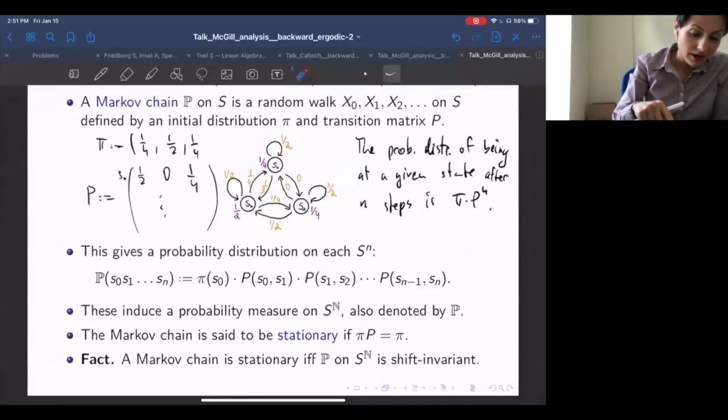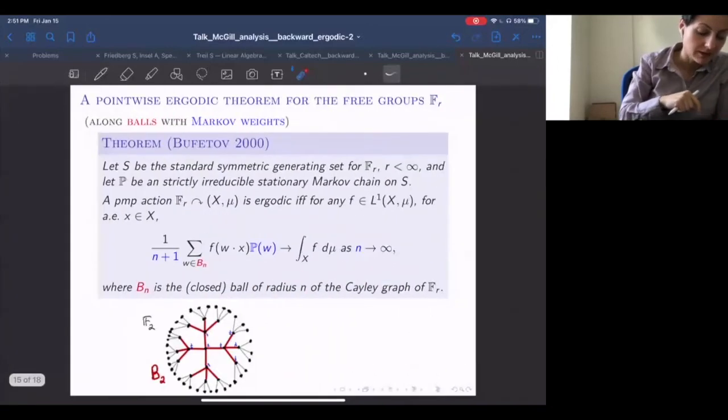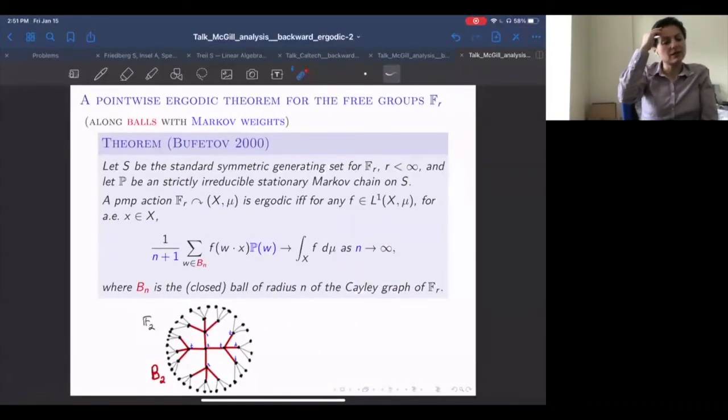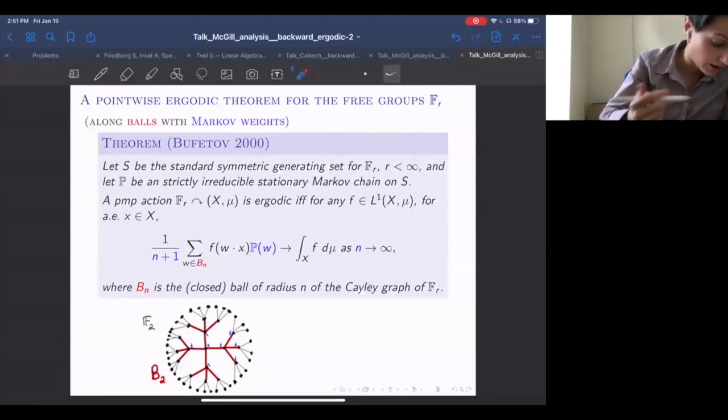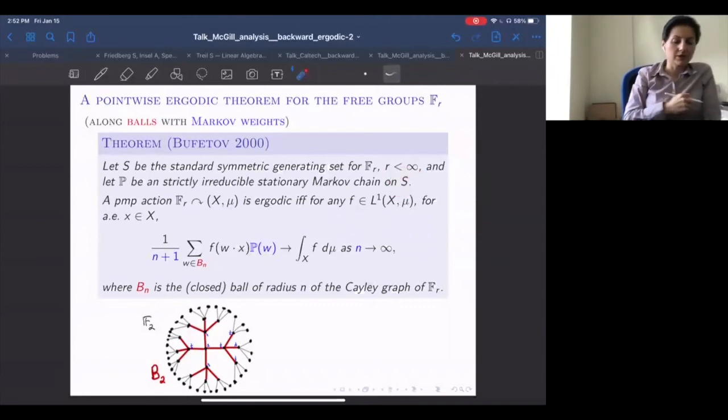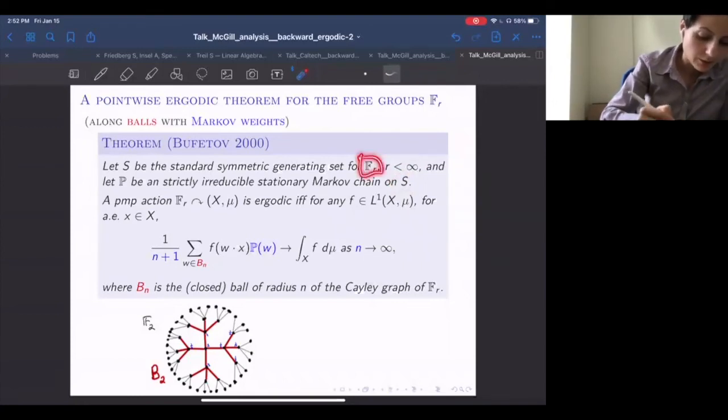And so now, knowing this, the best result was Bufetov's theorem from 2000. It says that, so take some Markov chain on the set of standard generators, a symmetric set of generators of the free group. So there are 2r elements here, 2r.